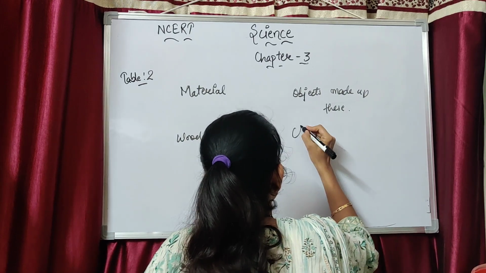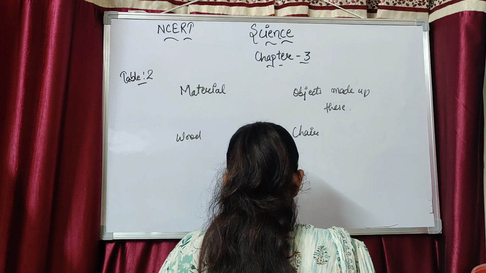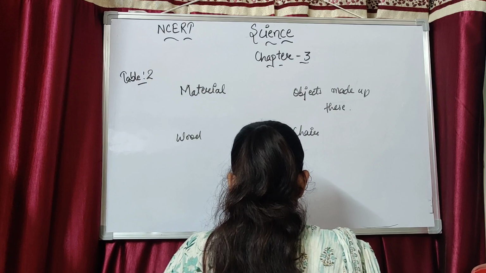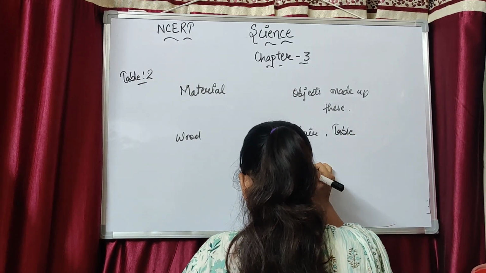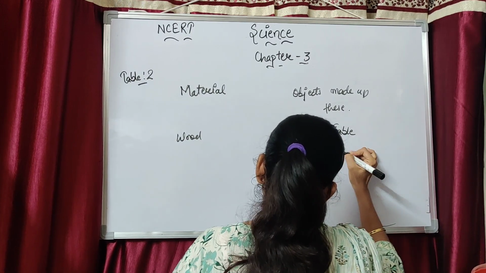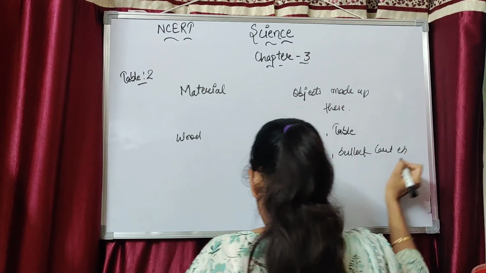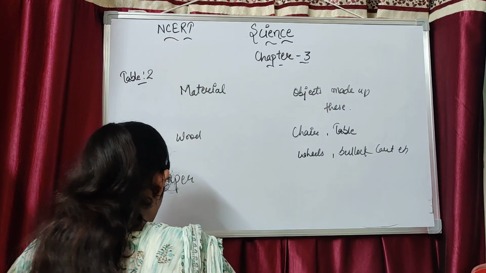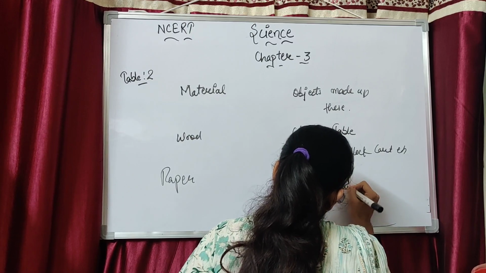Wood chair, table, or you can say wheels, bull cart, etc. Next, paper, you can say books, newspaper.